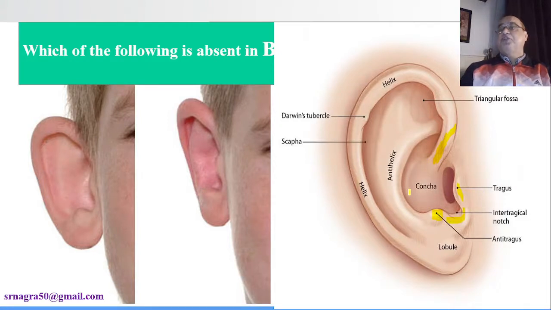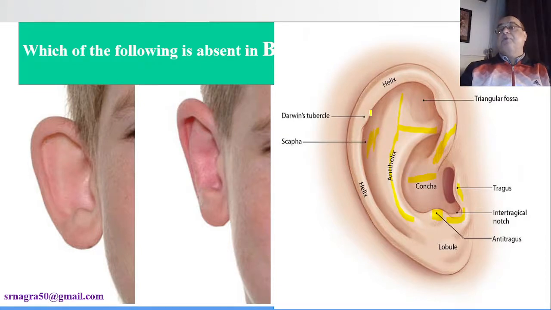This is a bowl shaped depression which is called concha. Then opposite to helix is antihelix, which is dividing into two crura, and these crura are covering a depression which we call triangular fossa. And the depression or groove between helix and antihelix is called scapha.